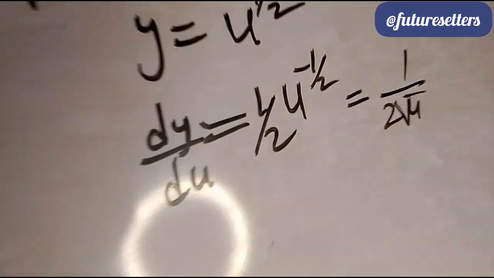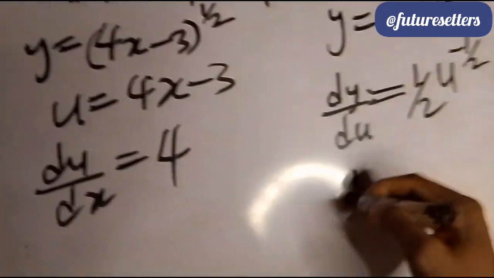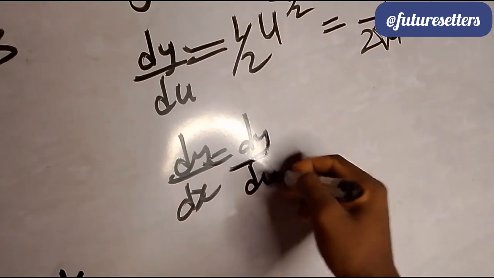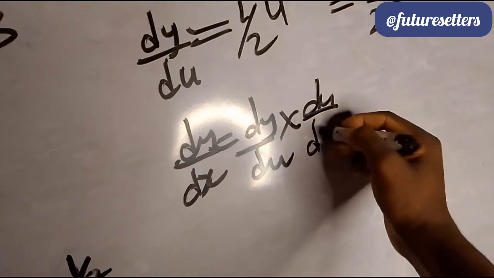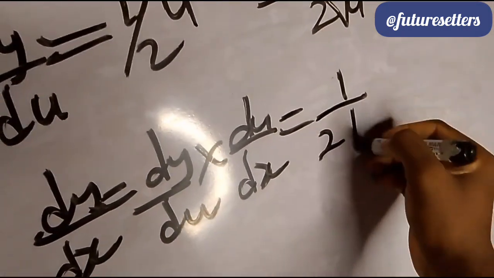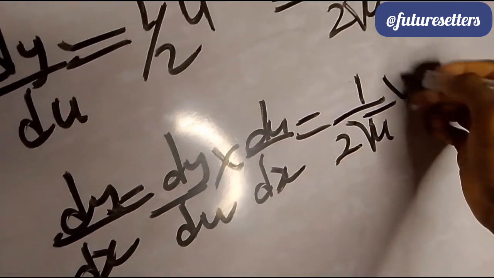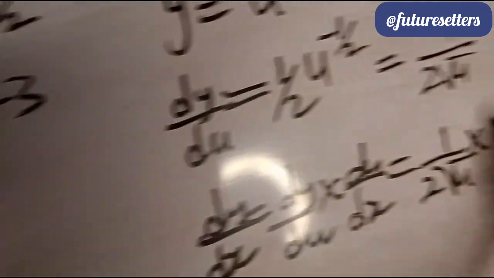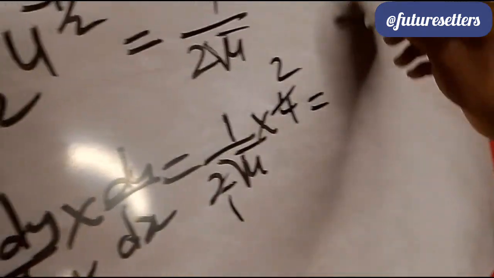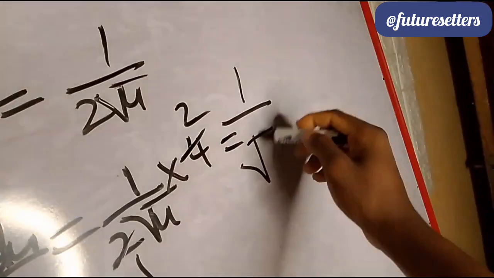That's our dy/du. So the next part is, remember that dy/dx is equal to dy/du times du/dx. dy/du is 1 over 2 root u times du/dx is 4. So 2 here 1, 2 here 2. So we have 2 over square root of u.